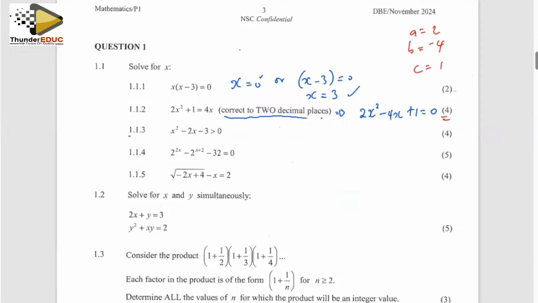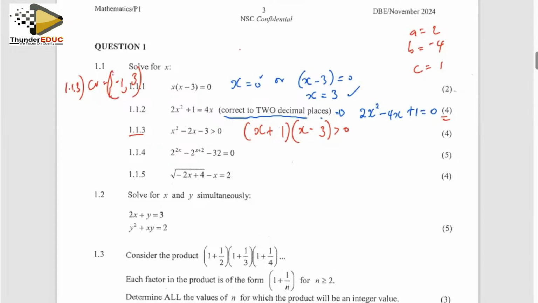Then 1.1.3 is the quadratic inequality. Let's factorize that. That's going to be x and x, with a 3 and a 1. Let's make this a negative and that a positive. It's greater than 0. So the critical values are x being -1 and x being a positive 3.